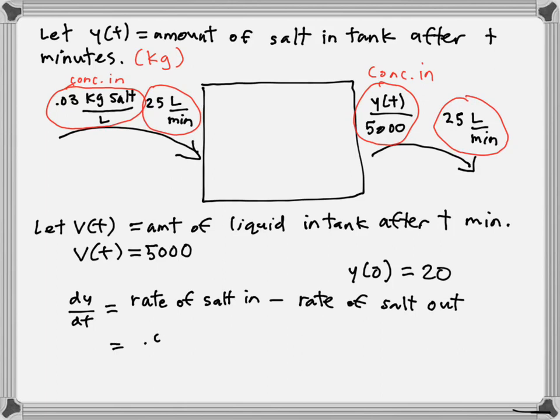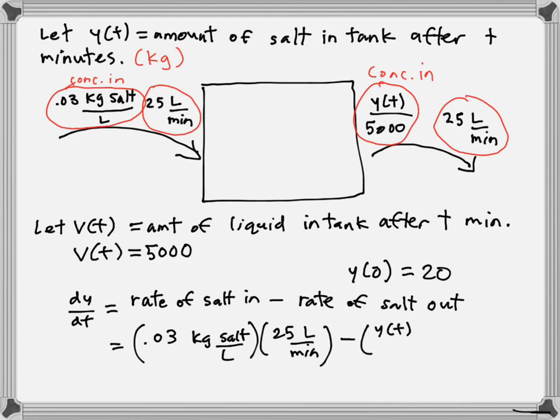It's going to be 0.03 kilograms of salt per liter times 25 liters per minute, minus y of t over 5,000. Remember, this is in kilograms of salt, and this is in liters, times 25 liters per minute.